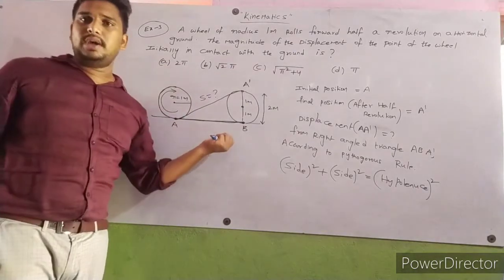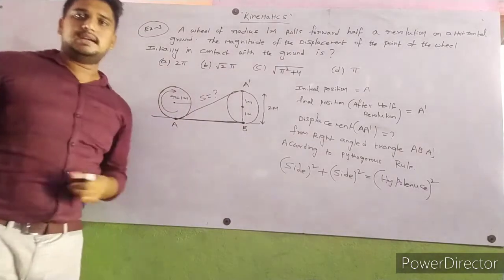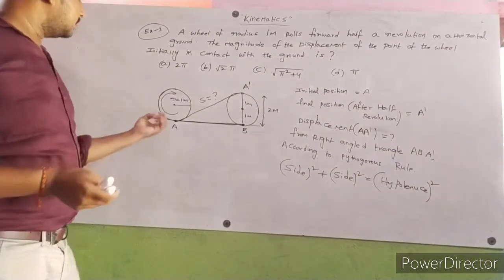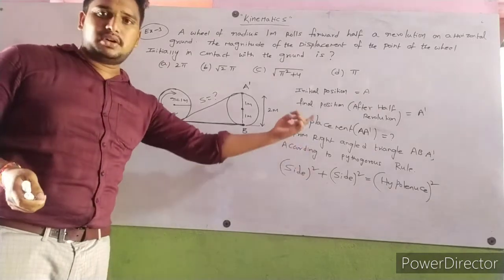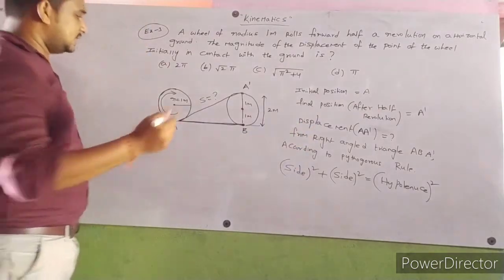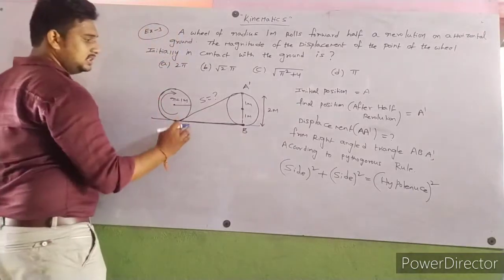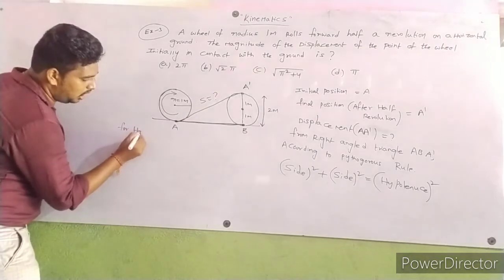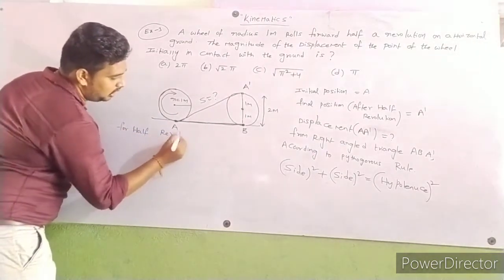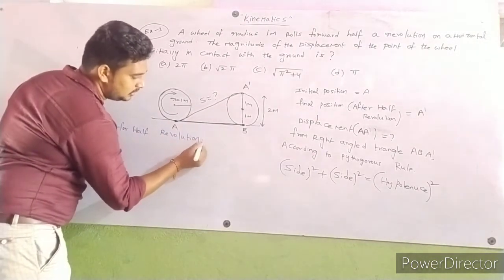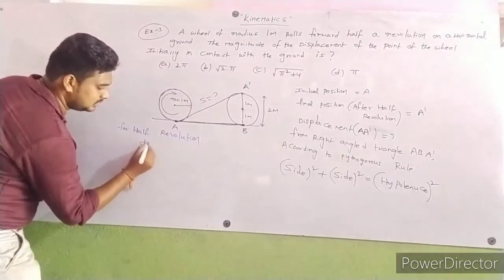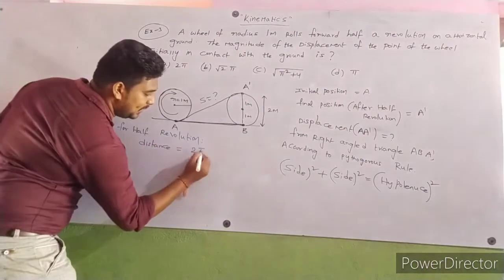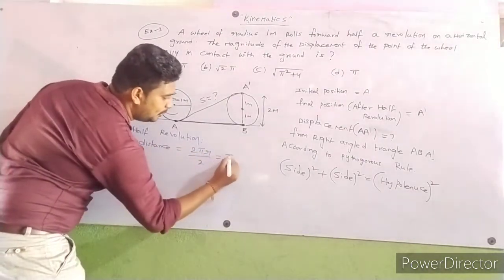So how do we get the AB value? This side length is for half a revolution, so the distance is equal to 2 pi r by 2, that is equal to pi r.